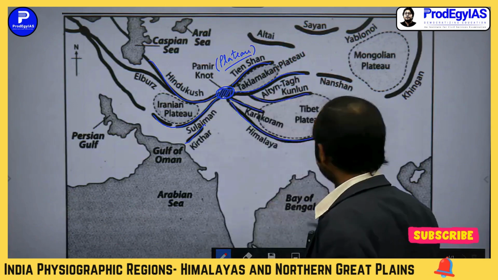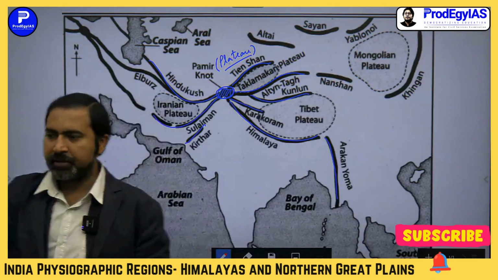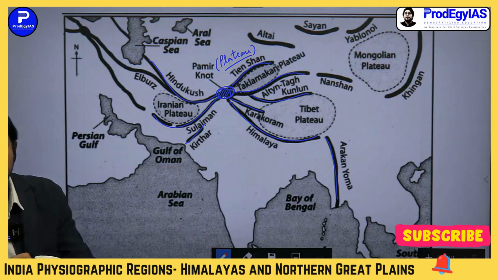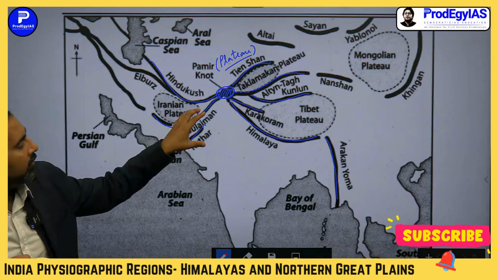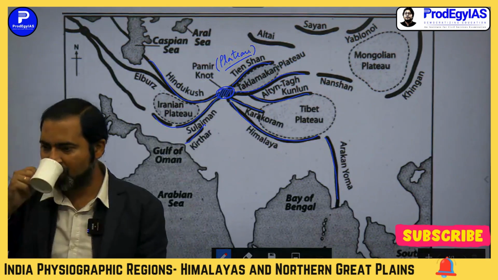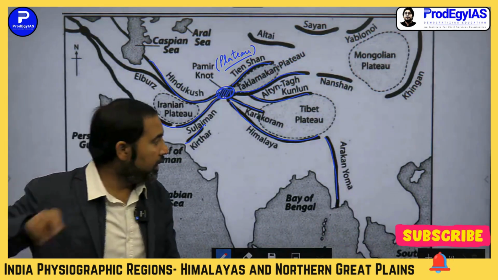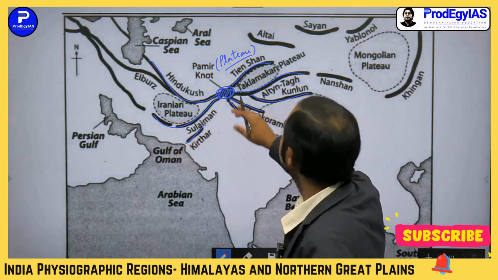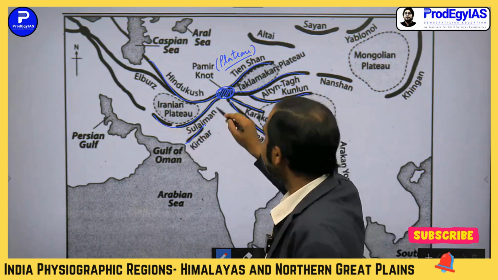In today's class, our major focus will be on Atlas, right? Because you know that UPSC asks questions based on these maps, like where is the location of a particular range or plateau or hills, peaks, passes, right? So this is the Indian subcontinent, south of this Pamir Knot and its major extensions.